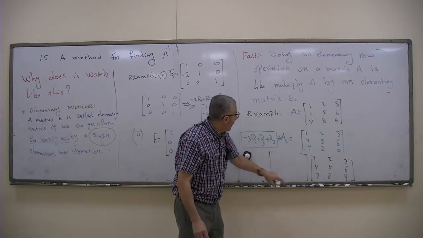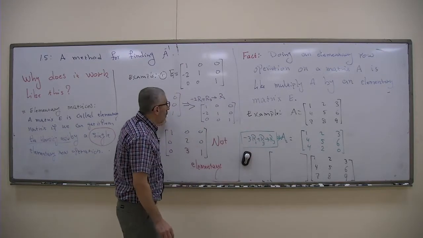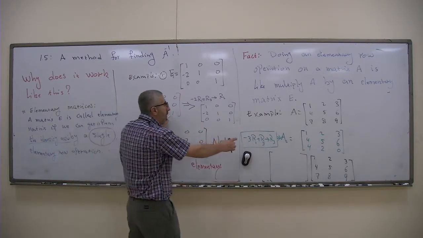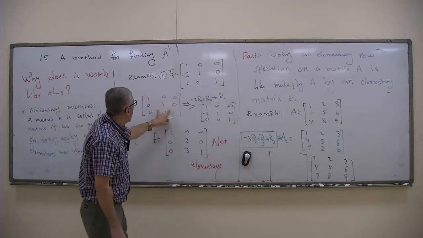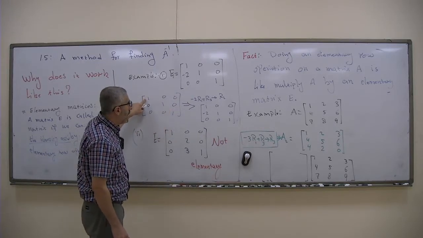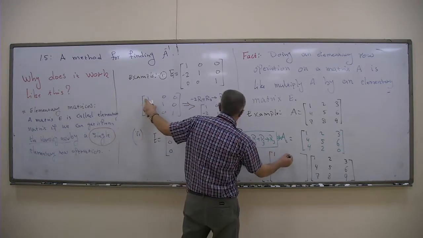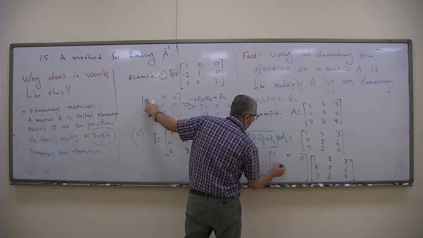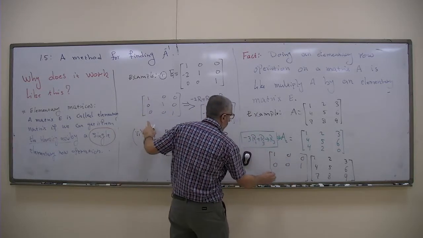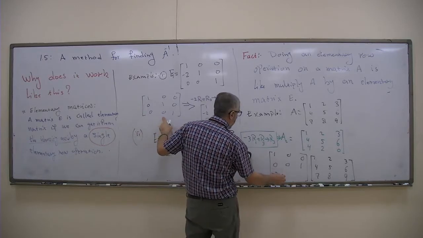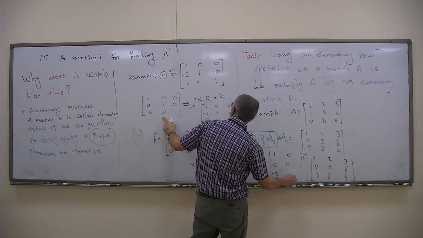The elementary matrix you get from the identity by the same elementary row operation. So that will be 1, 0, 0, 0, 1, 0, and here negative 3, 0, 1.